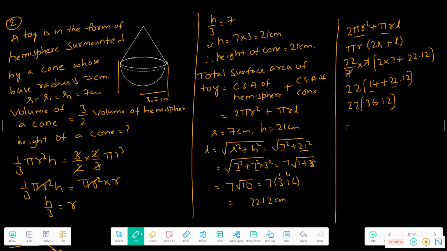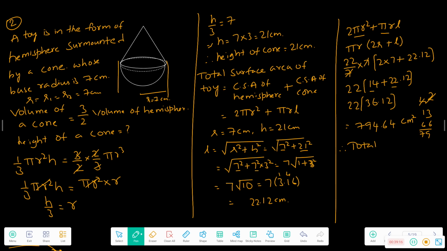So 22 times 36.12 is 794.64 centimeter square.